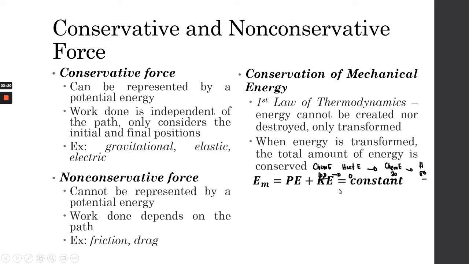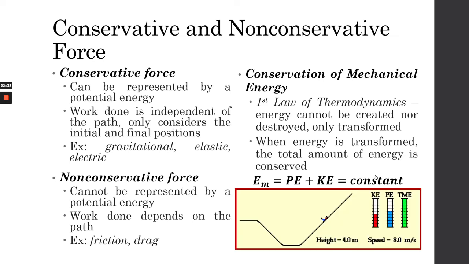Here's an example, no? But let's consider this as an equation for now. The mechanical energy in a system is conserved. What do we mean by that is potential energy plus kinetic energy is still going to be equal. Let's take this as an example.